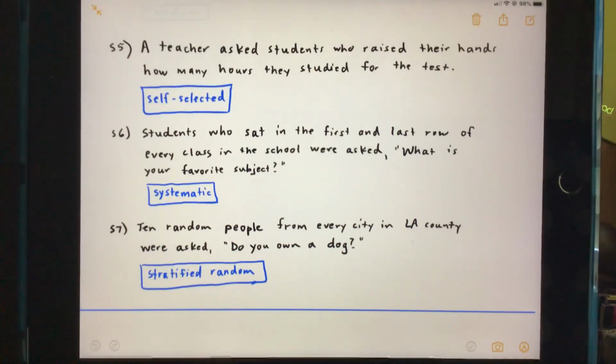So a stratified random sample will always first group the population into chunks, and then once each one of those groups is established, then random members will be selected in order to respond to the survey question. Stratified random samples are oftentimes good representations of the entire population.